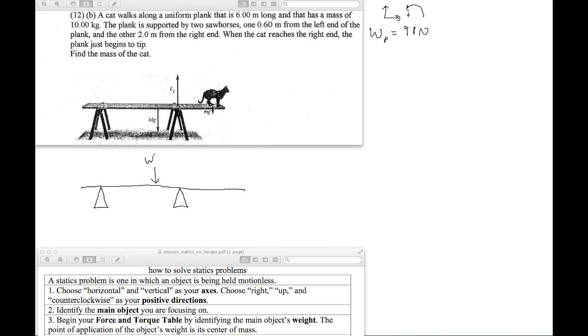And then the weight of the cat is unknown, but we know that it's applied 2 meters from F2. And I want to make F2 my pivot.